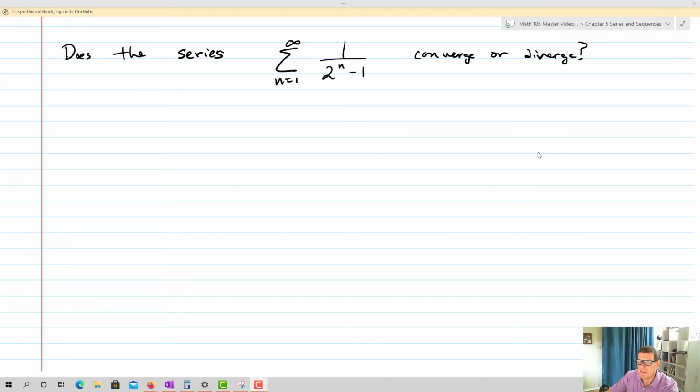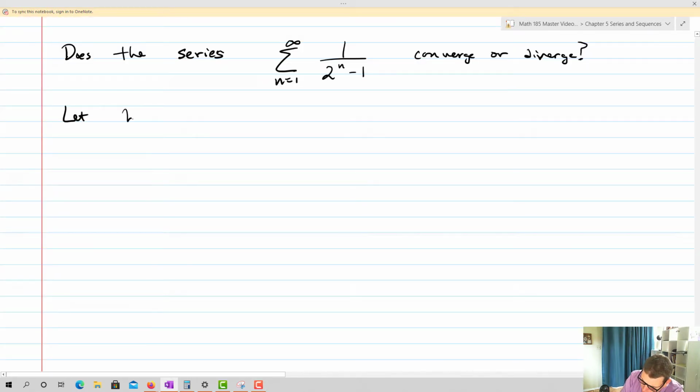Because we've got something to the nth power, we're not going to utilize a p-series. Instead, we're going to utilize a geometric series. So we're going to let our b sub n equal 1 over 2 to the n, which seems to be a natural choice, because the dominant part of the bottom here is just 2 to the n.